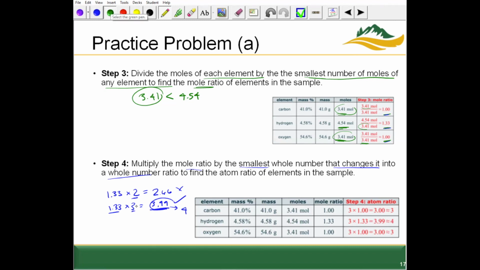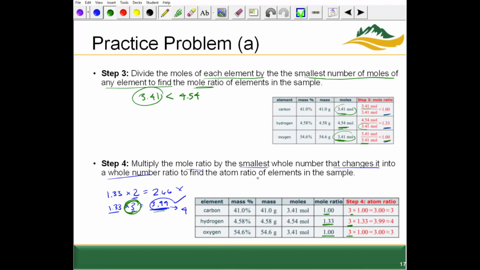When we decide that 1.33 can be multiplied by a whole number of 3 to make it a whole number, then we need to repeat that for our other mole ratio values. So we take 1 and multiply it by 3, take 1.33 and multiply it by 3, and take 1 and multiply it by 3.